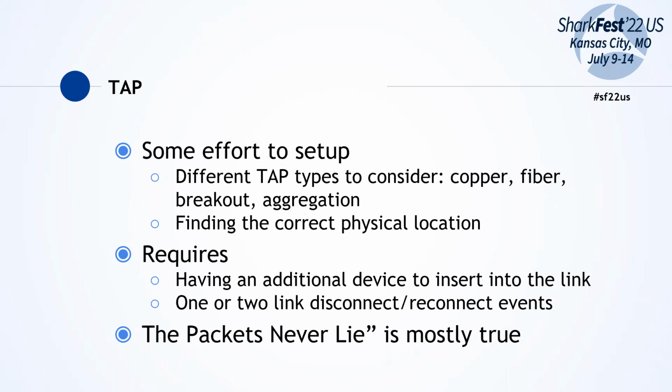It's mostly true because there are some tap models that have sort of the same problem as a SPAN port, the so-called aggregation taps, which aggregate the two receive and transmit links into a single output link because you want to use them with your laptop. They can drop packets if the utilization goes above 50%.